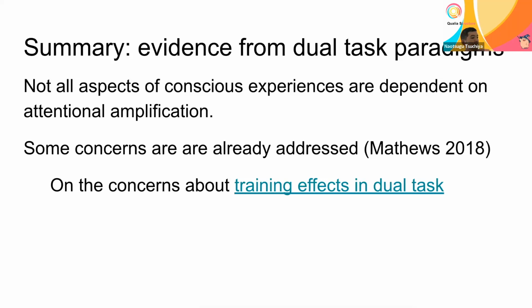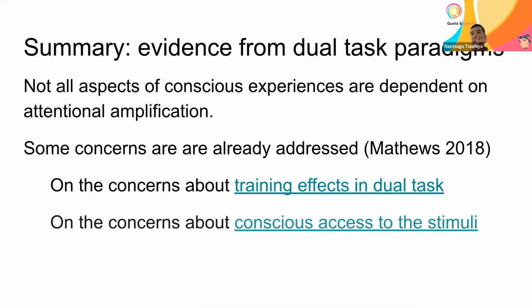But that induces concern that maybe you can start to do this task in parallel only because of the training, and you may already lose conscious experience because of this massive training. But we were able to reduce the number of trials for the training using the staircase method, and that's explained in this video or paper.